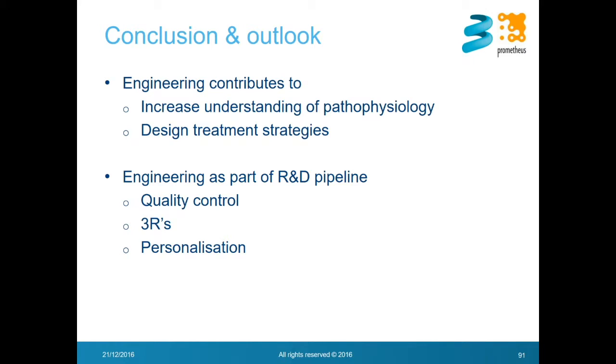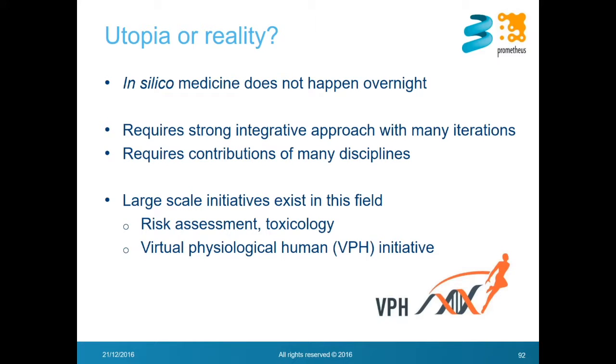And we want to actually establish in silico as an integral part of the research and development pipeline in tissue engineering. Now, same as with all kinds of in silico medicine applications, this requires an interaction of the different partners and a really integrative approach.